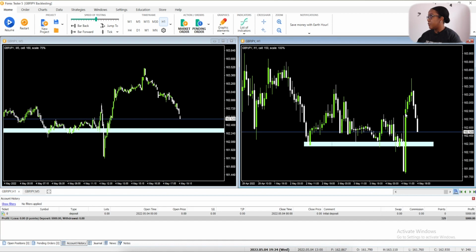This must have been some sort of news event or something happening fundamentally, because that's obviously not normal to see, this huge spike to the upside, push down, and then instantly the next H1 is a push to the upside. This all happened during London session / New York session on May 4th.